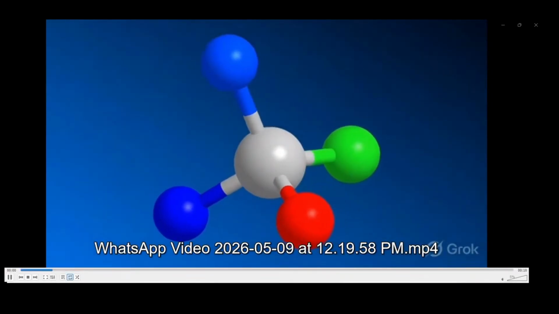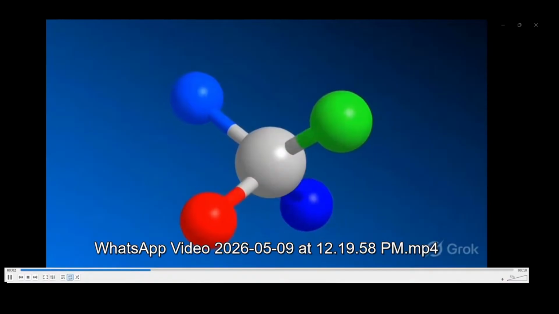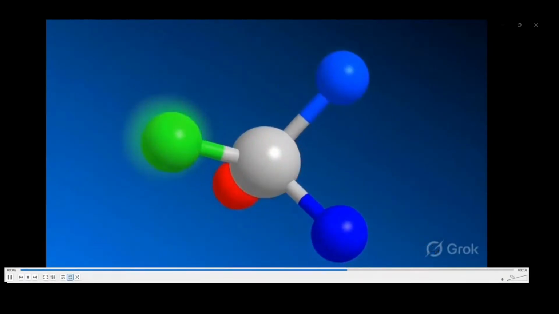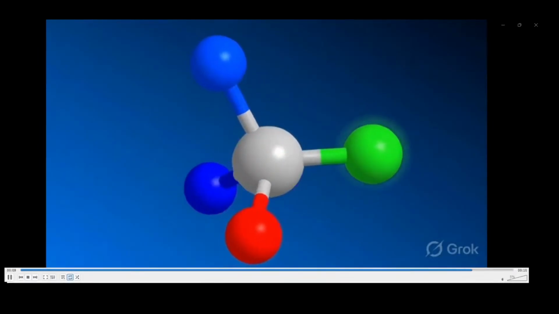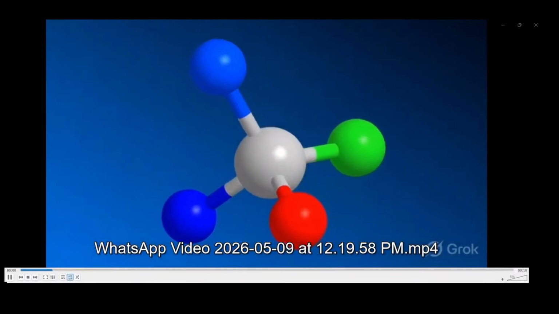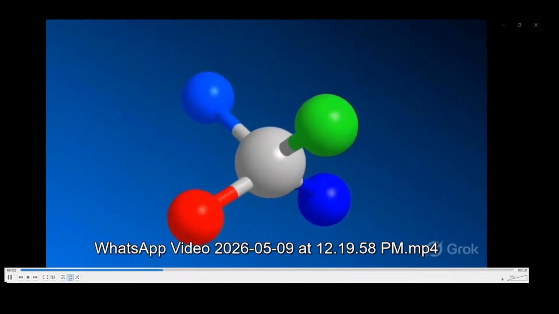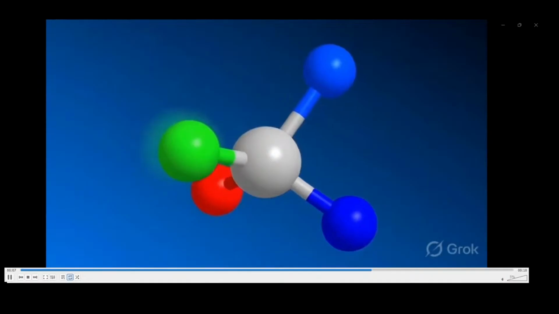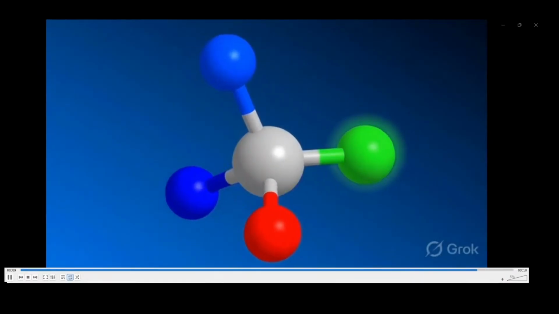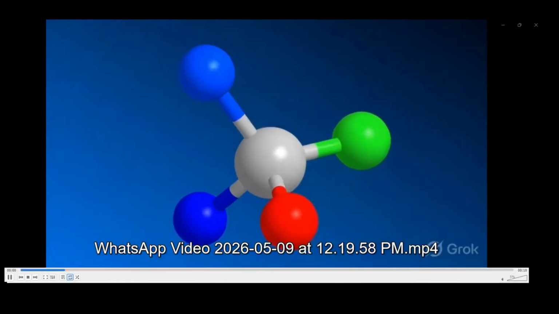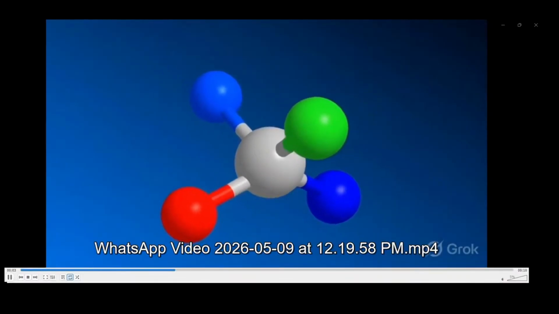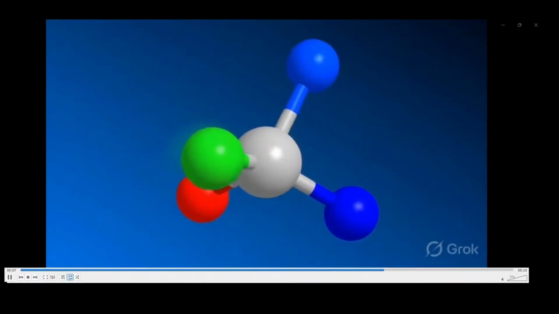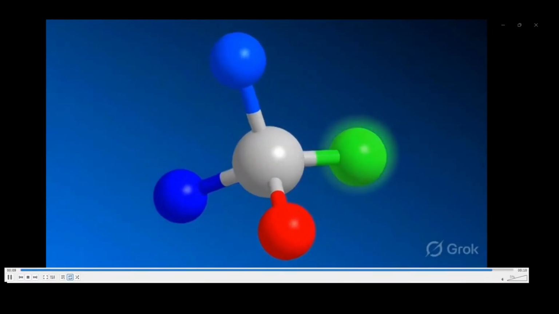You can see when red is in front, it is a solid wedge. When it goes behind, it is a dashed wedge. Now observe the green ball. When it goes behind, it is a dashed wedge. When it comes towards you, it is a solid wedge. I hope it is clear, children.